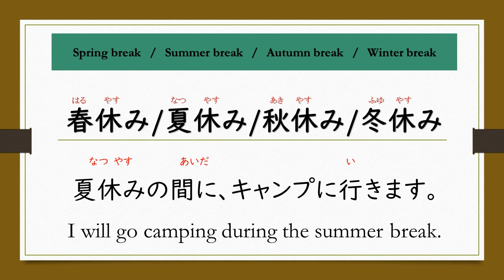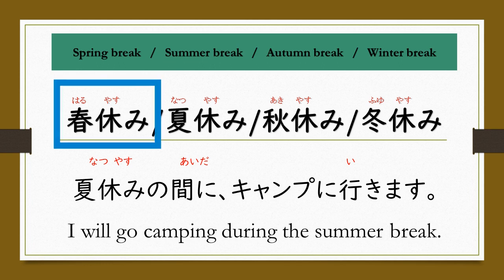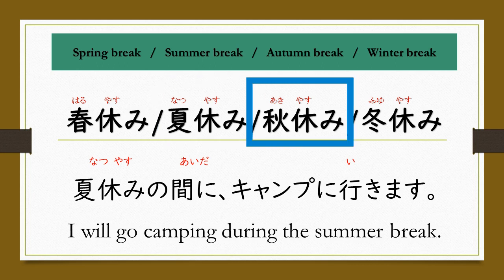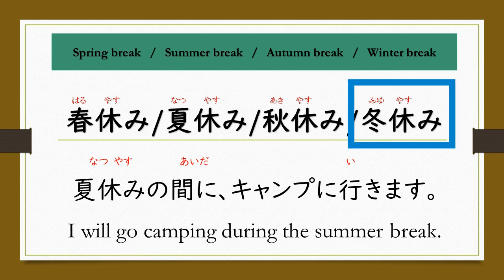Words and expression. The first one, spring break, summer break, autumn break, winter break. We say, haru yasumi, natsu yasumi, aki yasumi, fuyu yasumi.